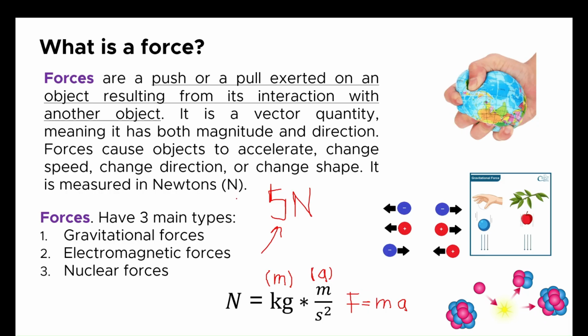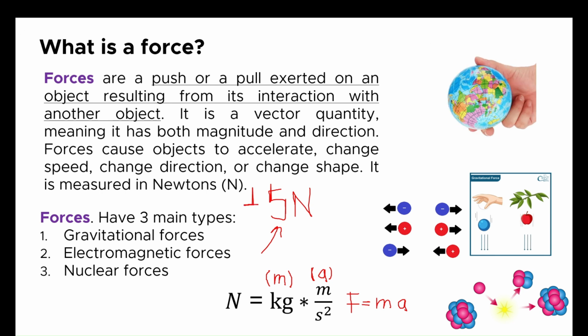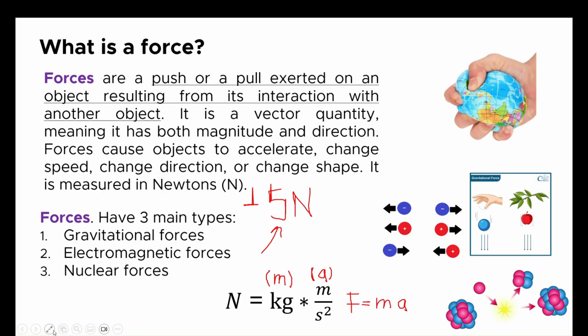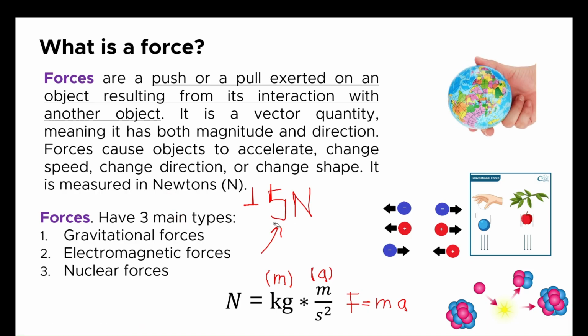In this case, this force is applied in a positive way. If it has a negative sign, this means that this force is going to the other side, to the opposite side, as we can see in this image. Let me erase this because I don't like it. Okay.